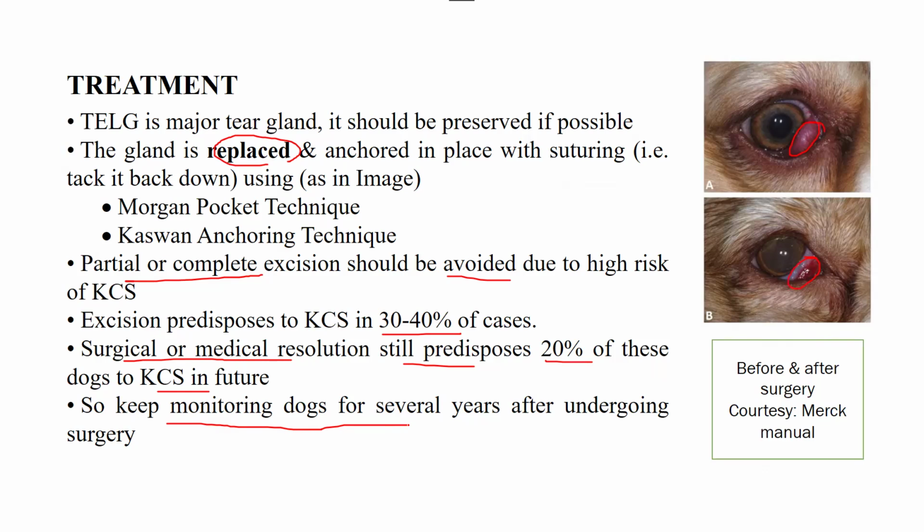So you should remember the inevitable complication for this disease or the treatment for this disease will stay there, and that is the dry eye. This is very important from paper point of view, the complication that will appear after that.